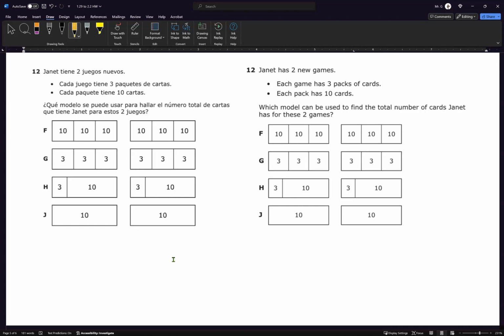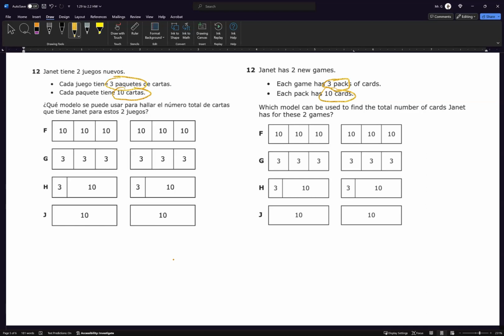Okay, so we know that there's 2 games. We know that each game has 3 packs. And each pack has 10 cards. Okay, so tenemos 3 paquetes y 10 cartas en cada paquete. Okay, so vamos a dibujar eso sin mirar primero.